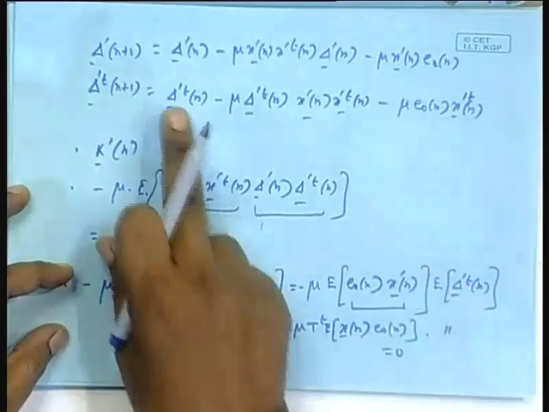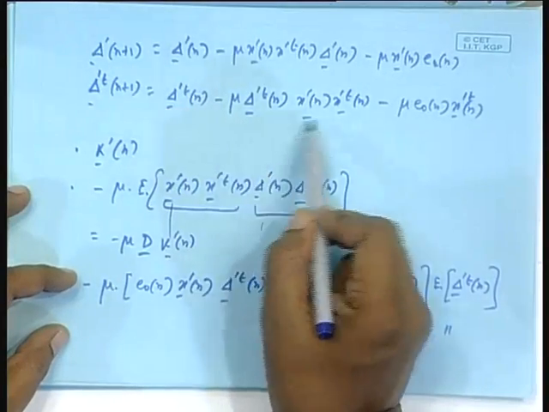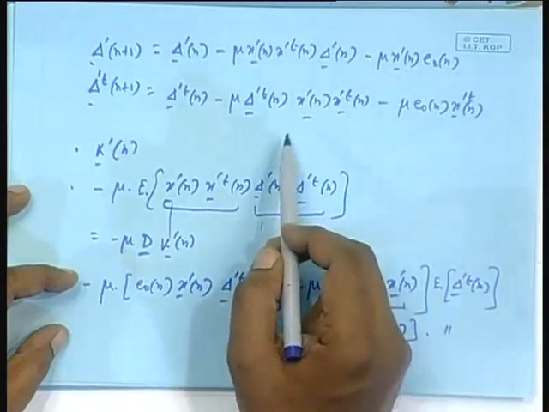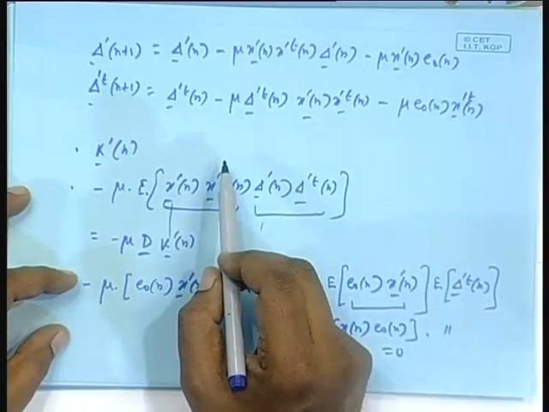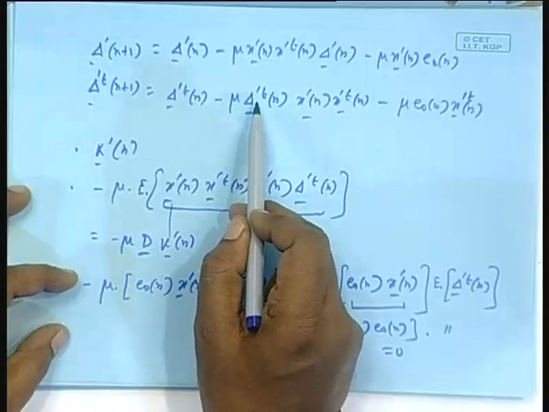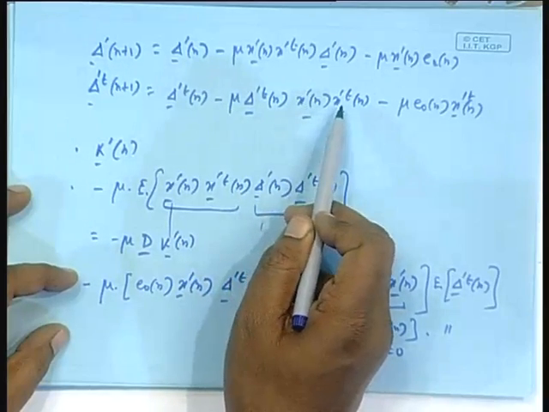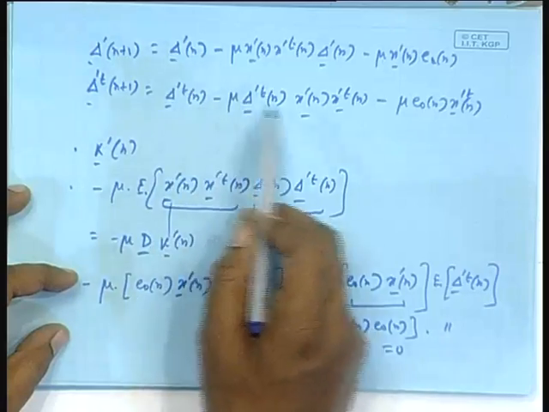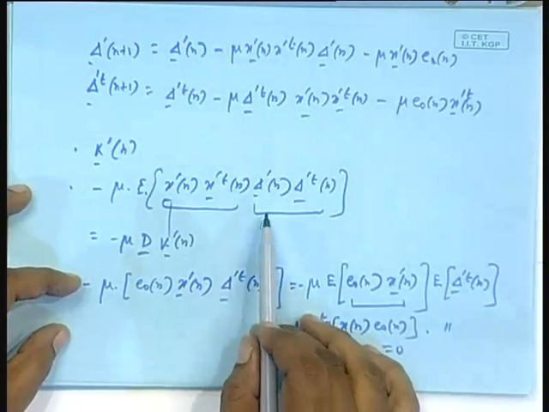So this fellow is gone. Next is this term, delta prime(n) with this, right? So again delta prime and delta prime transpose, x prime transpose. You can apply E over this part separately, this part separately, very much like this.